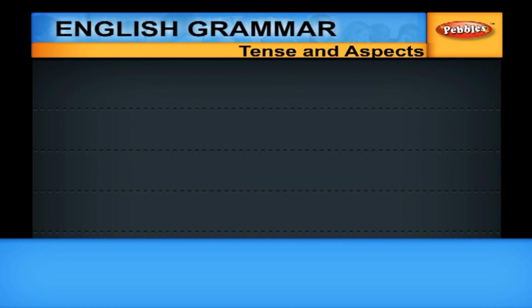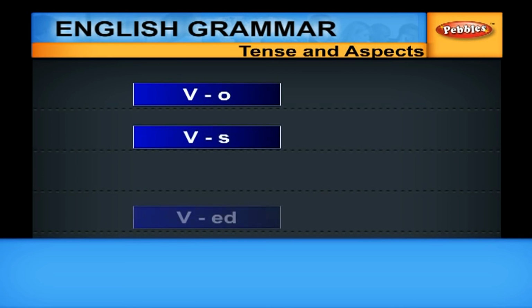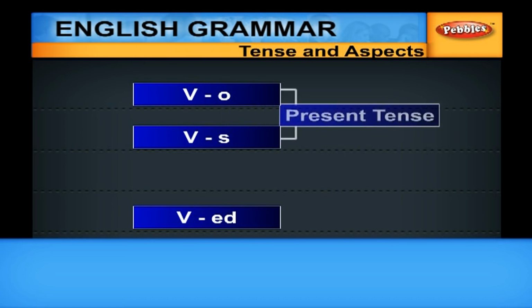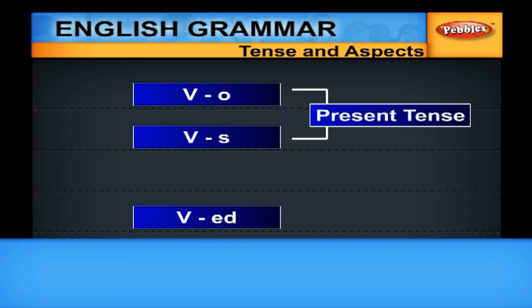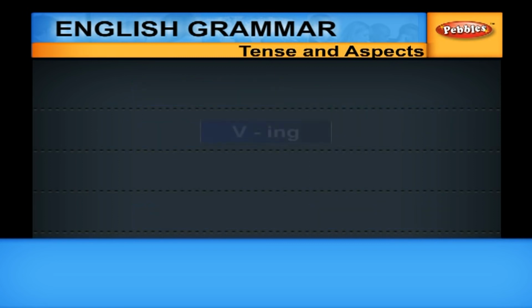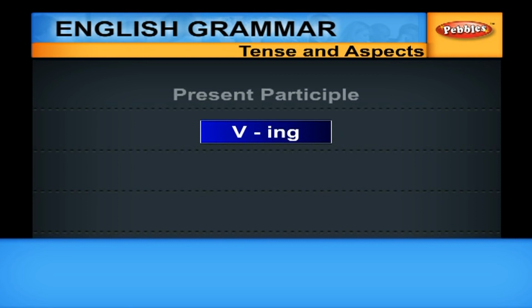So, this is what we mean by verbal paradigm. VO, VS, VED. VO, VS, present tense. VED, past tense. Finite verbs, independent lexical items. VING, present participle.